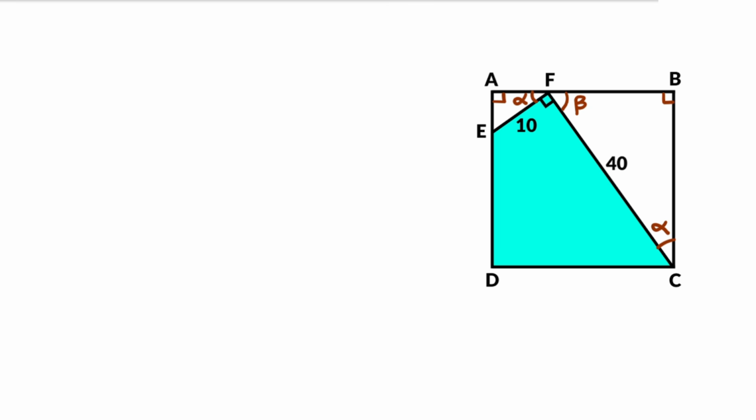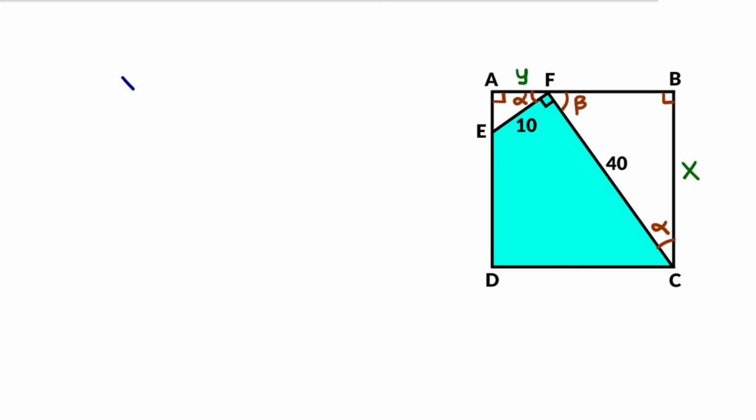Let's call the side length of the big square X, and let's call the small top segment AF Y. Now we set up a proportion. The big triangle has side length X and hypotenuse 40. The smaller triangle has side length Y and hypotenuse 10.